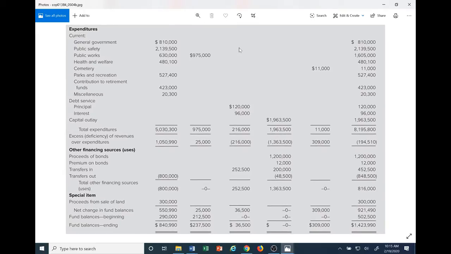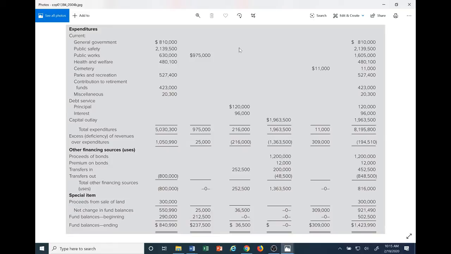All right, obviously next we move on to expenditures. So remember, for expenditures there are three different categories by character. What are they? The character of the expenditures. We're talking about where we can spend money.